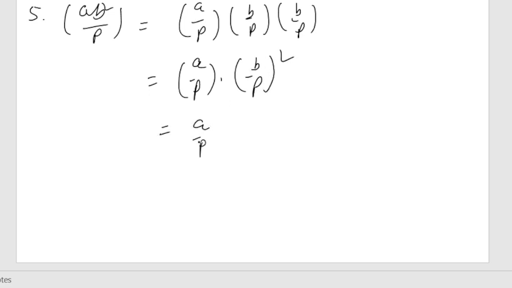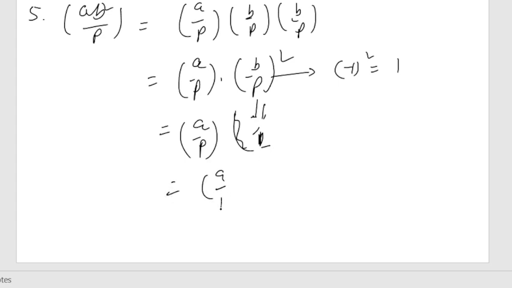So a by p is either equal to 1 or minus 1. Similarly, b by p is either equal to 1 or minus 1. But minus 1 square is again 1. That means it will always give you 1. So it is nothing but a by p into 1, because it is a square.